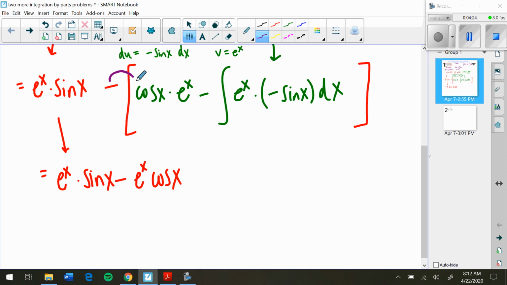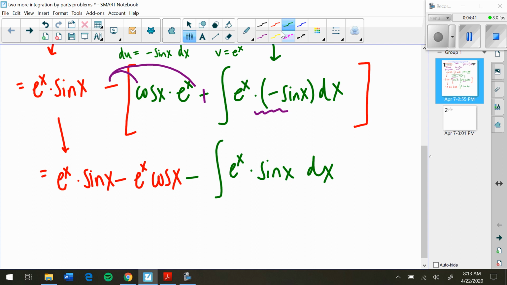So technically I'm distributing this negative. So this is becoming a positive, but I have this negative right here, so I'm actually subtracting the integral of e to the x times sine of x dx. If you need to think that through again, please do. Again, I'm distributing this negative to both pieces, making this a positive, but then I have this negative inside, which makes it negative again. Okay, so here's what we got.